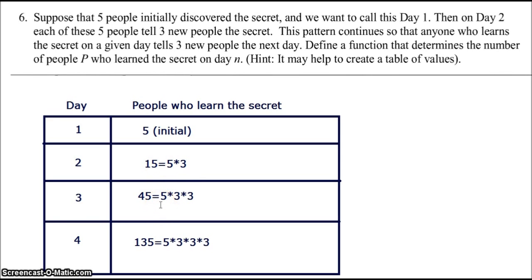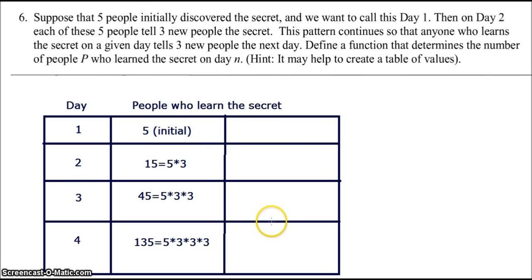Then on day 3, those 15 people tell 3 more, so we have 45, and then on the 4th day, all these people that already know the secret tell 3 more, so we have 135. If we want to define a function, we need to translate this product notation into exponential notation.